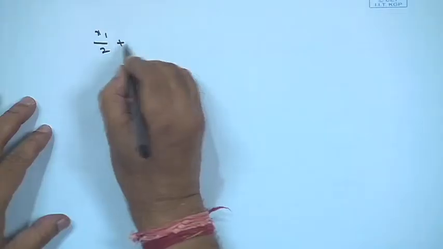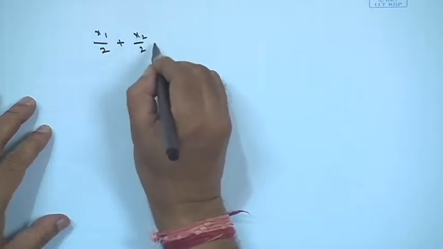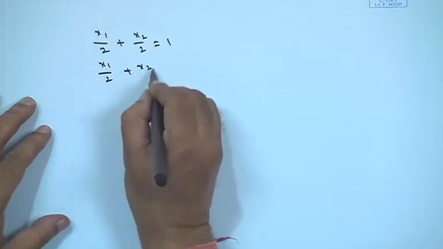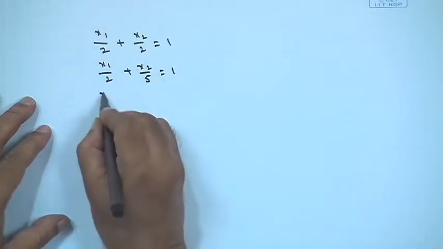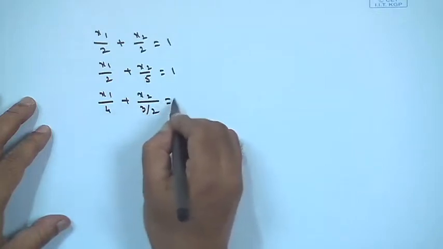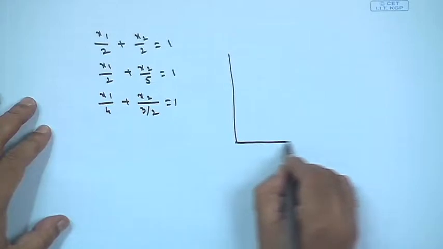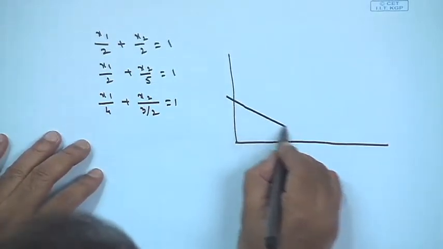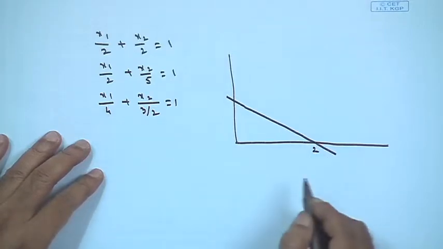Now, quickly let us see why, if there is a tie, we have said that there are redundant constraints. From the earlier problem, I can write down the constraints like this: x1 by 2 plus x2 by 5 equals 1, x1 by 4 plus x2 by 3 by 2 equals 1. If I draw something like this, there will be a line which goes through this point 2.